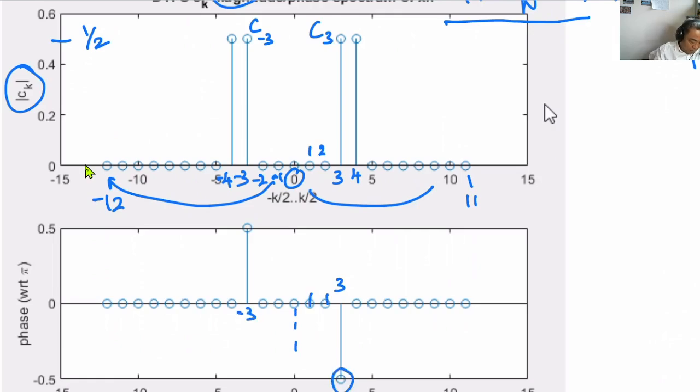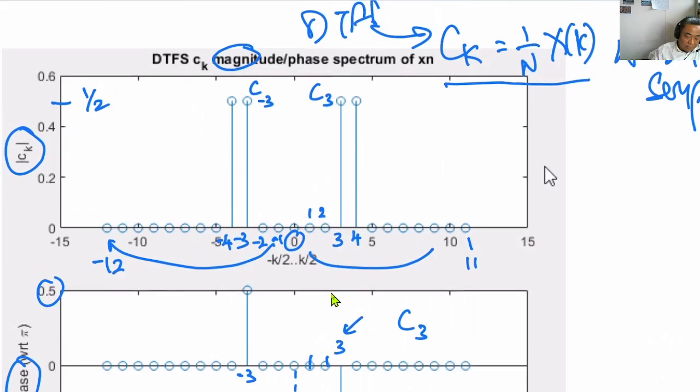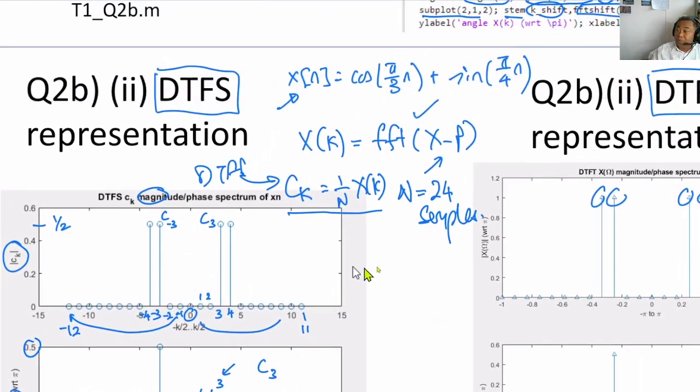So we have minus pi here and pi. For C3 and C minus 3, the phase shift shows us that C3 is actually the, which one? The sine. Okay? C3, the third harmonic, is of course a lower harmonic.